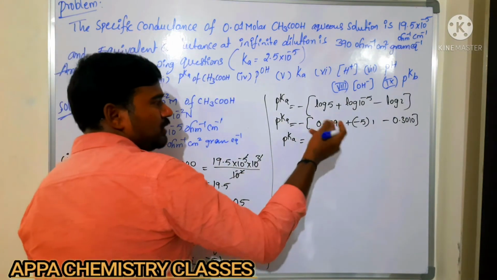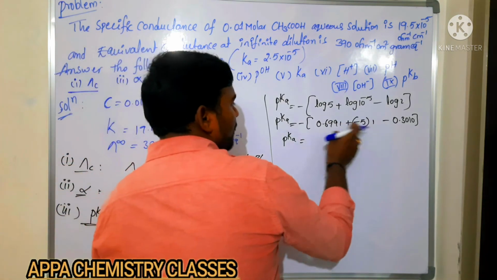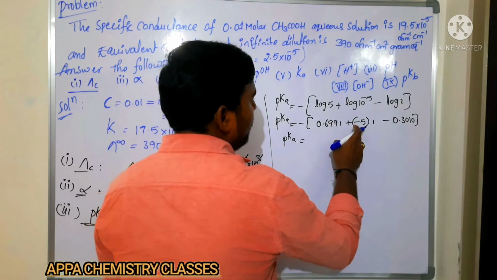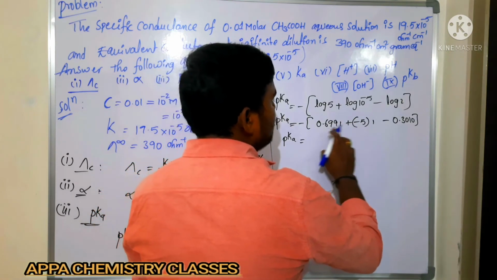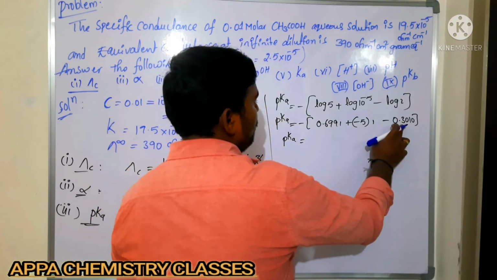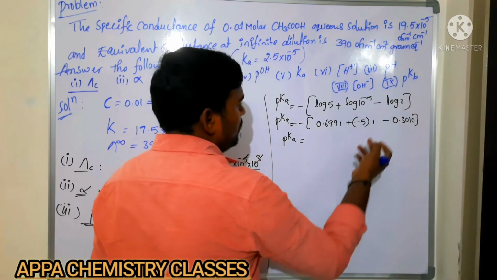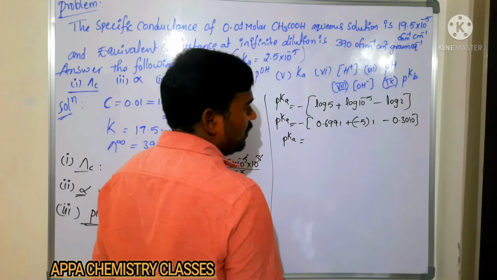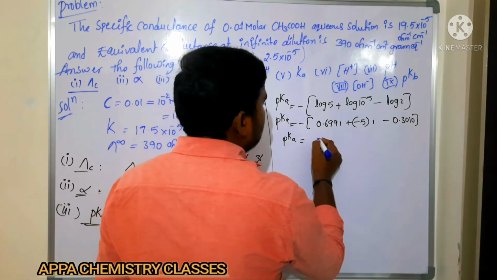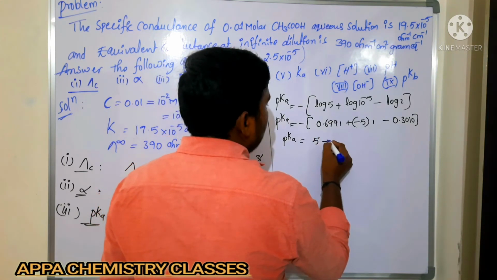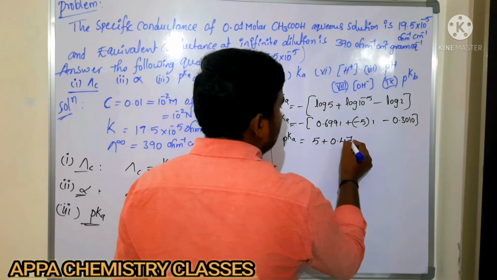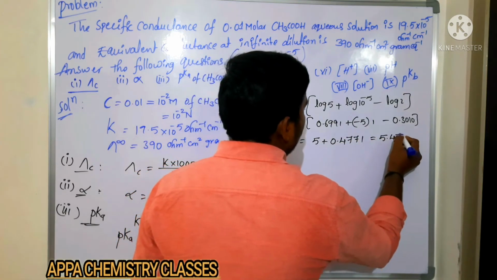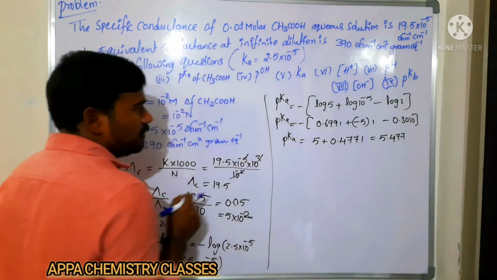You substitute here, you will get minus of minus 5, that is plus 5, plus 0.693 minus 0.3010, 0.4774, that is plus 5 plus 0.4771. So 5.477 you are going to get as pKa.